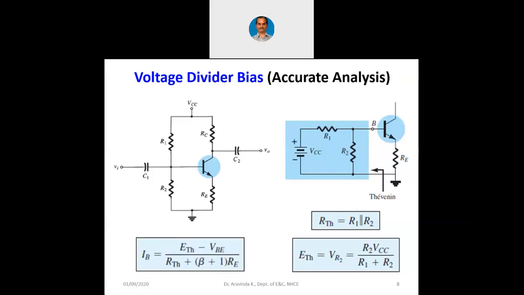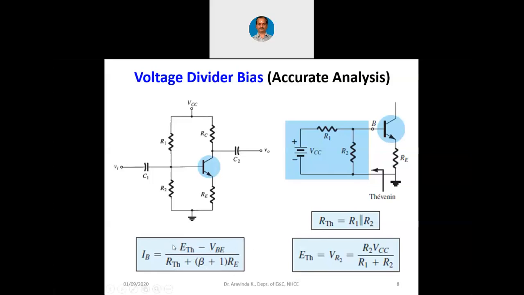So, using this, we can write the expression for the base current as ETH minus VBE divided by RTH plus beta plus 1 into RE. This is same as the self-bias circuitry, except that there we had VCC minus VBE and RB. In case of emitter bias, the formula was VCC minus VBE divided by RB plus 1 plus beta into RE.